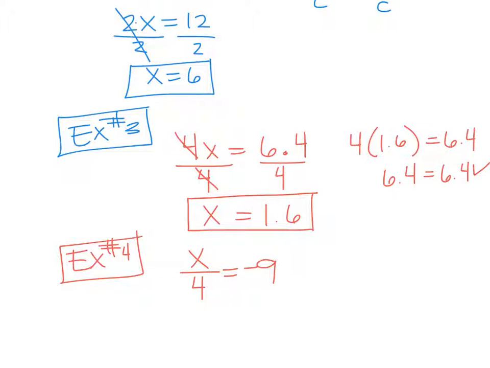What are you going to multiply by? 4. Multiply by 4. So whatever, we're trying to isolate the x, right? So to get the 4 out of there, we're going to multiply by 4. And multiply by 4. So 4 divided by 4 is 1.